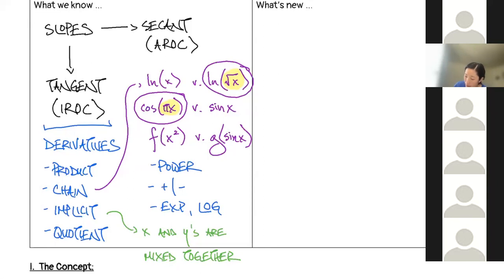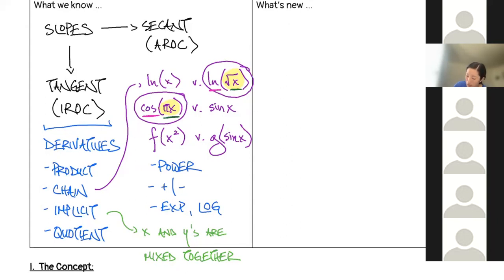And yeah, if we go back to the first few examples, this one has an inside function of the square root of x and an outside function of natural log. This one down here has an inside function of pi x and an outside function of cosine. But in both the f and the g, check this out.